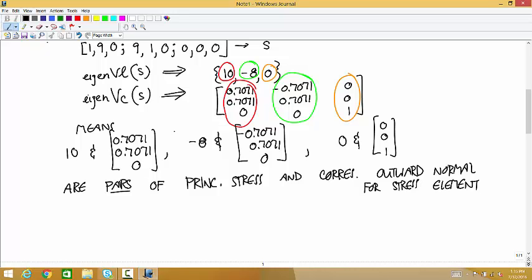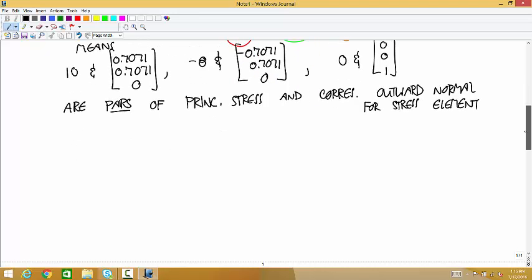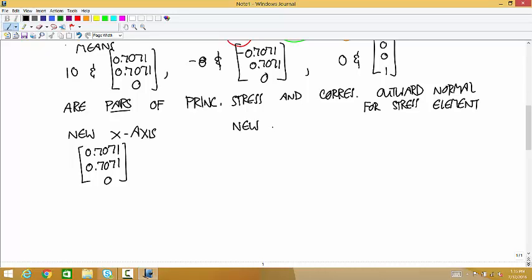In this case, I guess they're sort of halfway in between, but I'm going to say the new x is 0.7071, 0.7071, 0. The new y-axis is this one, negative 0.7071, positive 0.7071, 0.